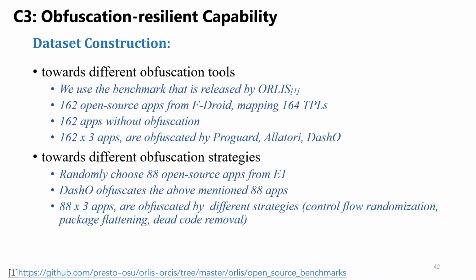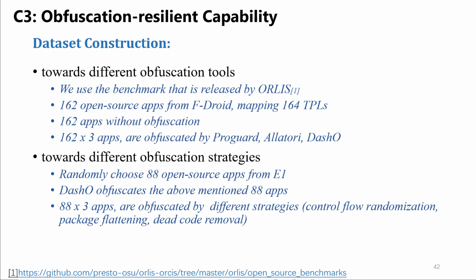Towards the different obfuscation strategies, we construct this dataset by ourselves. We randomly choose 88 open source apps from the previous experiment, and we use -O to obfuscate them because it has a better obfuscation performance.